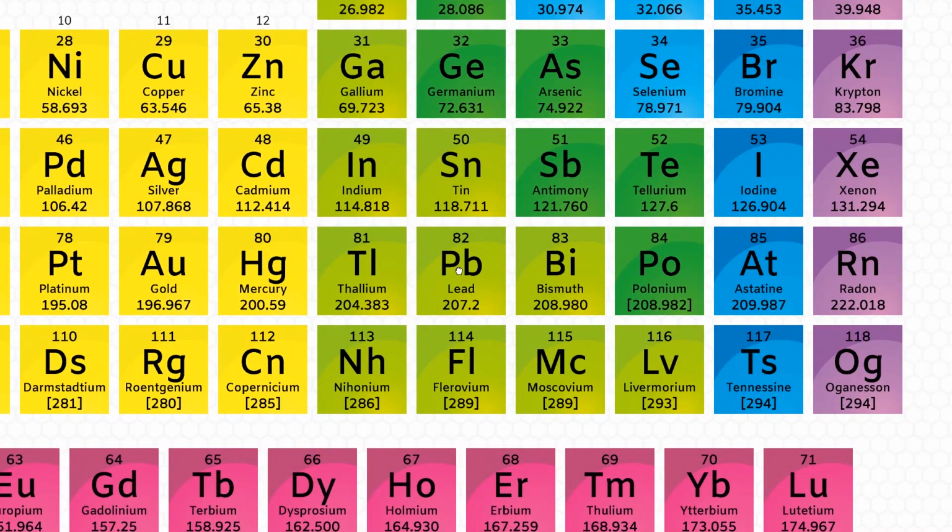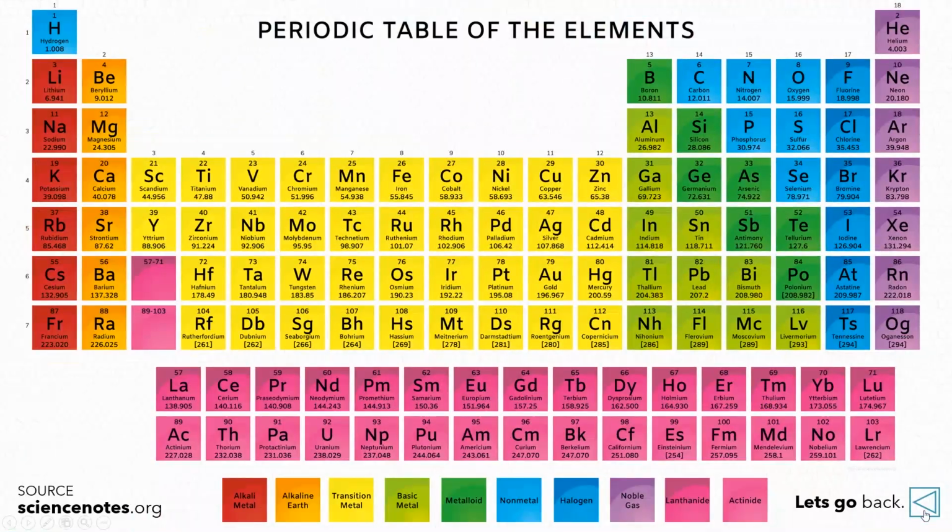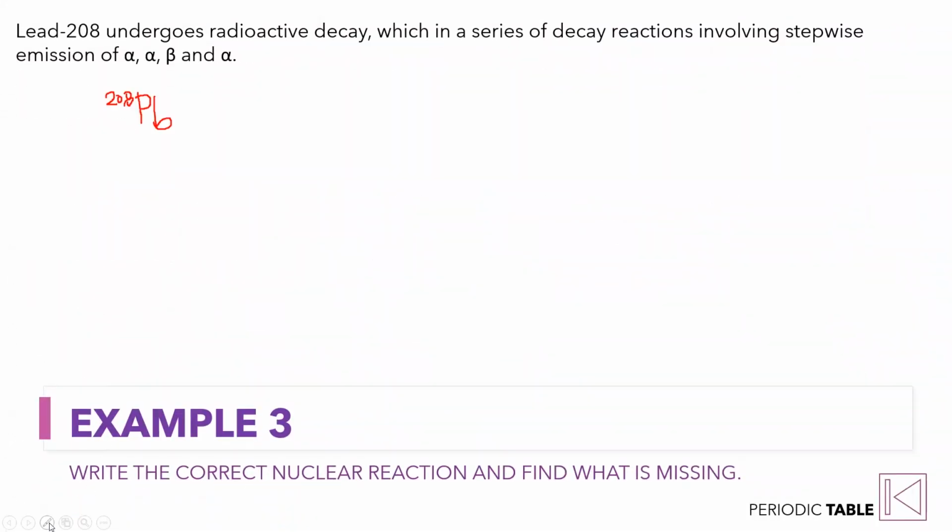There you go, 82. That's 82. Tapos, there are 4 modes of decay here. So, we have alpha, alpha, beta, and alpha.